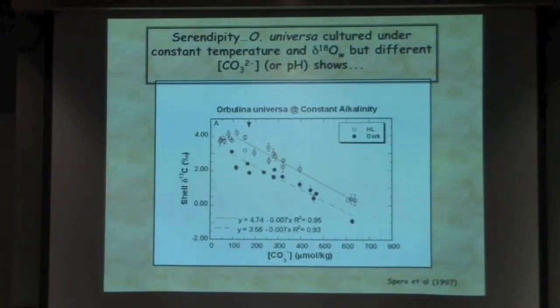Well, what we discovered is that as we changed the carbonate ion concentration of the seawater in which we grew these foraminifera, the shell delta C13 changed dramatically. These are guys grown in the dark, these are guys grown in high light, so we're not dealing with physiology here.